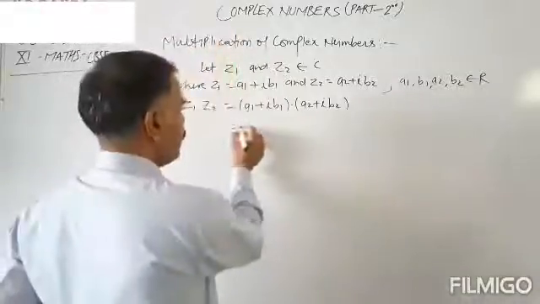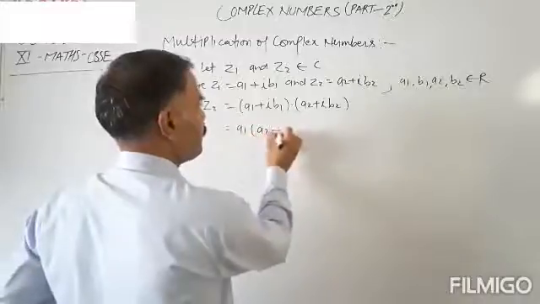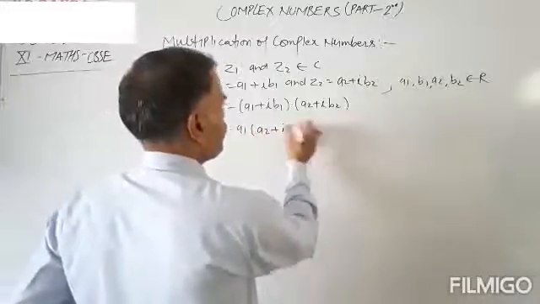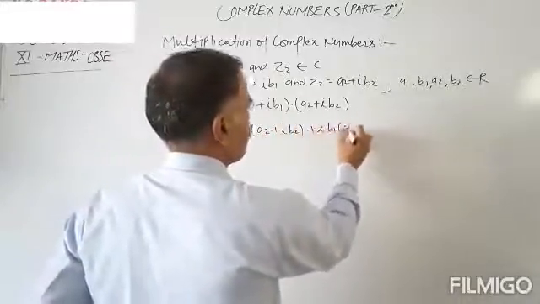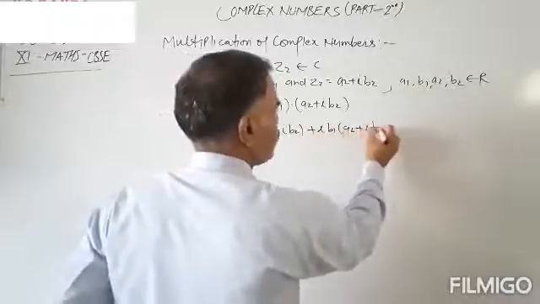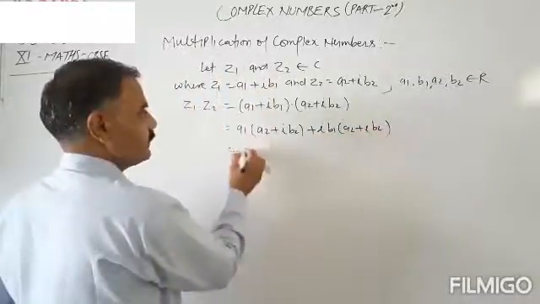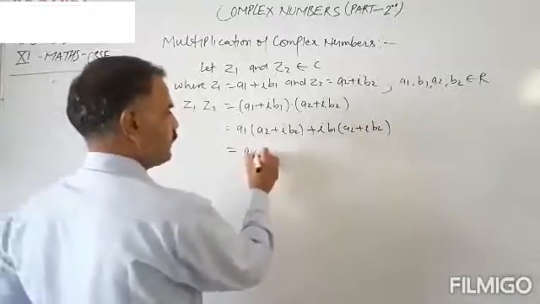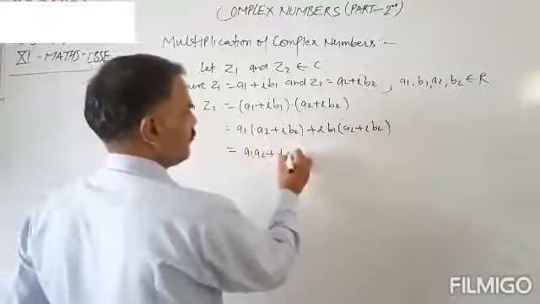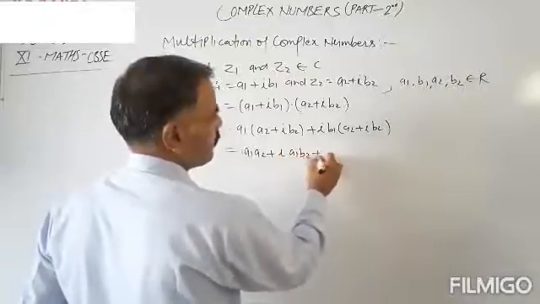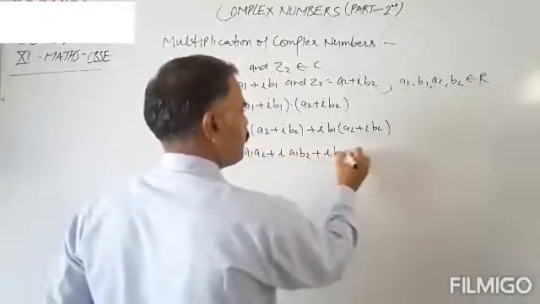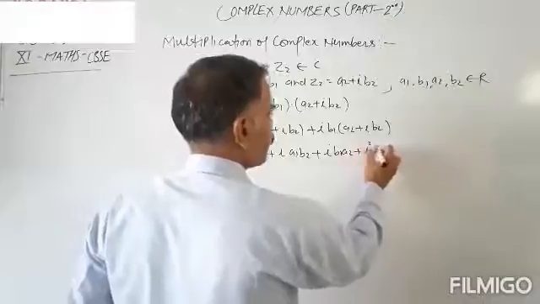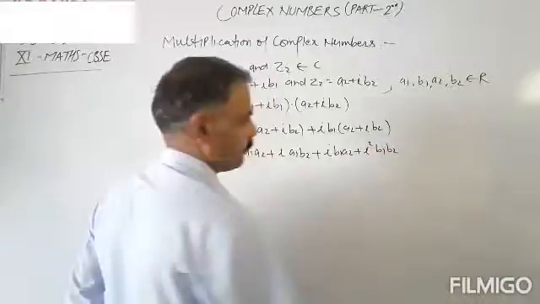So A1 will multiply A2 plus iota B2, plus iota B1 will multiply A2 plus iota B2. So this is equal to A1 into A2 plus iota A1 into B2 plus iota B1 into A2 plus iota square B1 into B2.